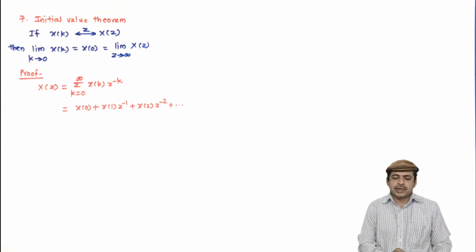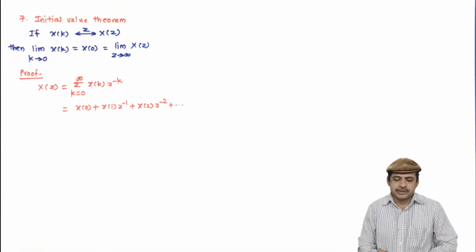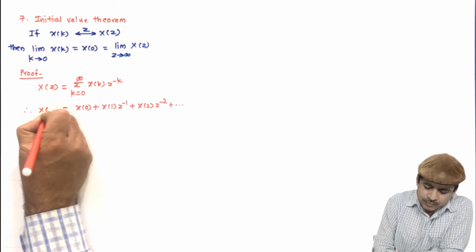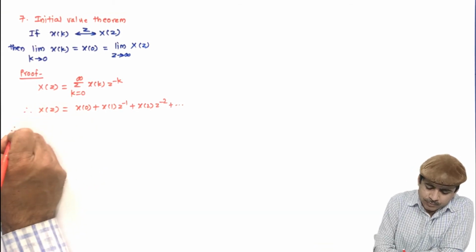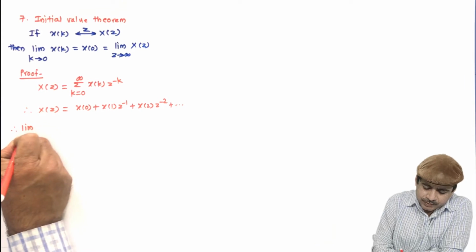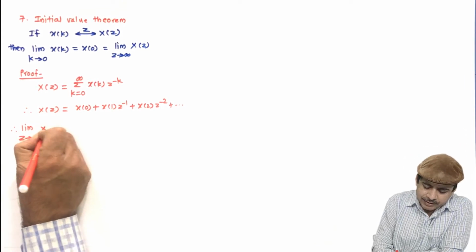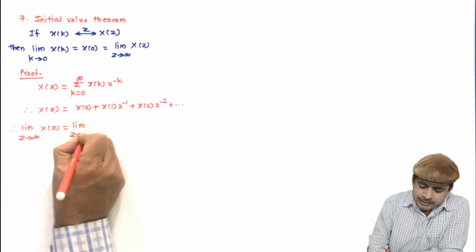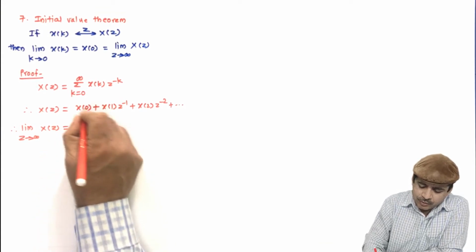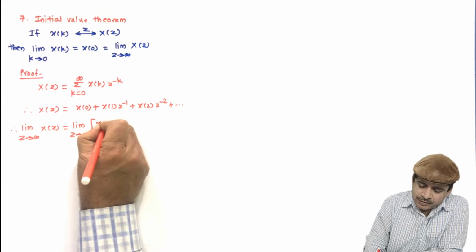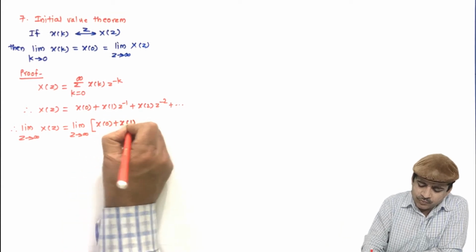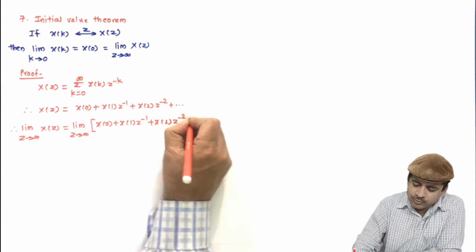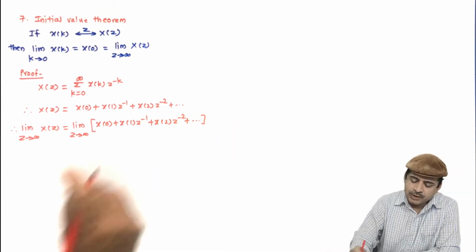And now I will apply the limit z tends to infinity. So limit z tends to infinity of X(z) will be equal to limit z tends to infinity of x(0) plus x(1) z raised to minus 1 plus x(2) z raised to minus 2, and so on.